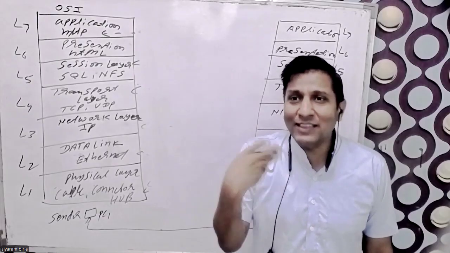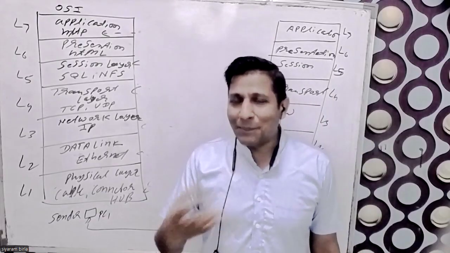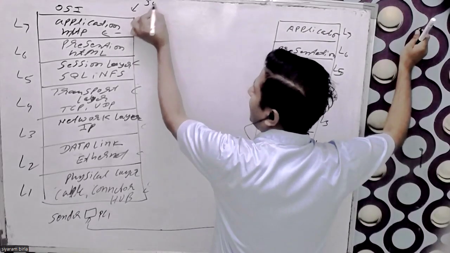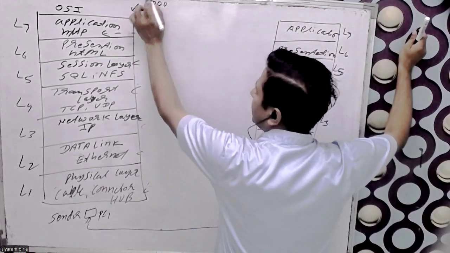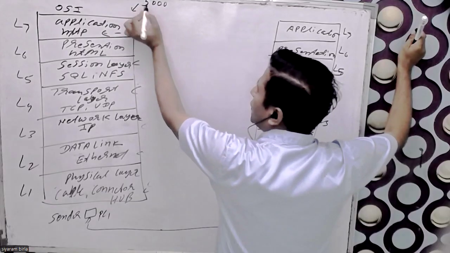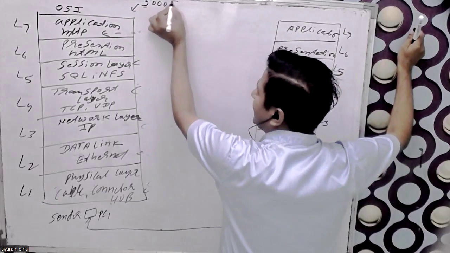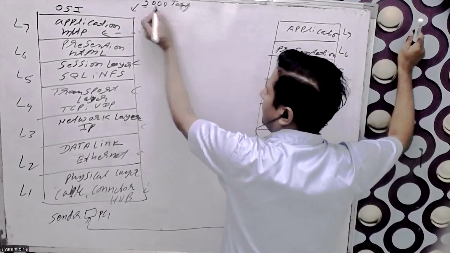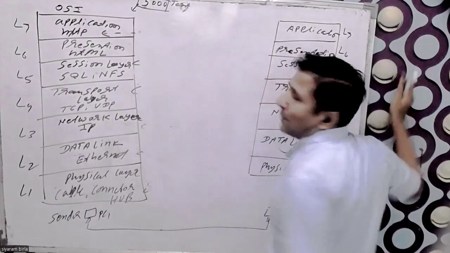So I'm interacting with the application. My data is in plain text, I can see 5,000 rupees, or dollars. It is in plain text.